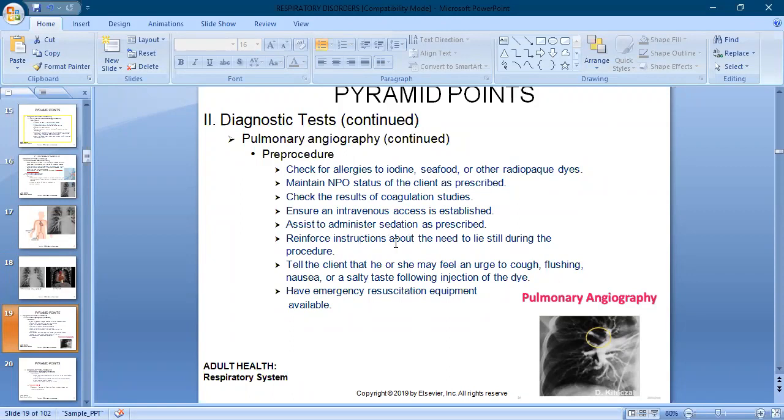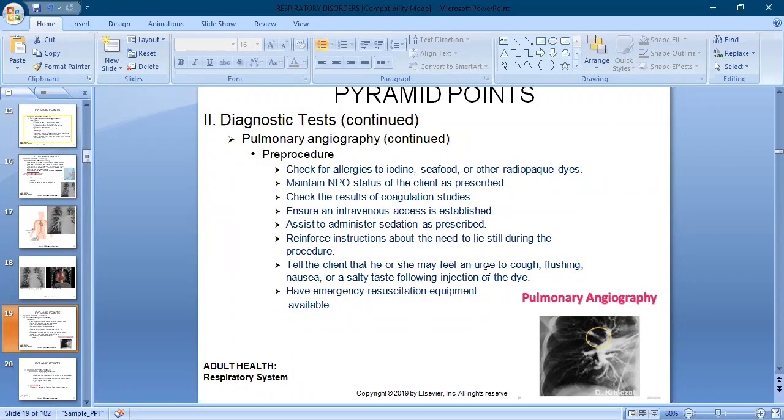Reinforce the instruction about the need to lie still during the procedure. Tell the client that he or she may feel an urge to cough, nausea, or a salty taste.